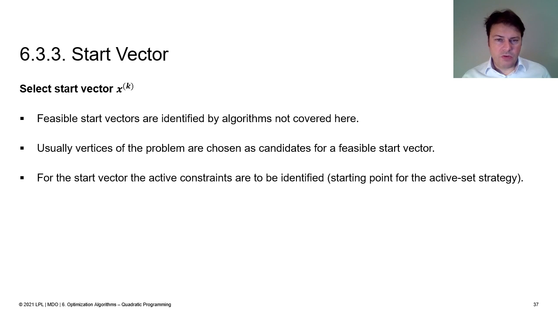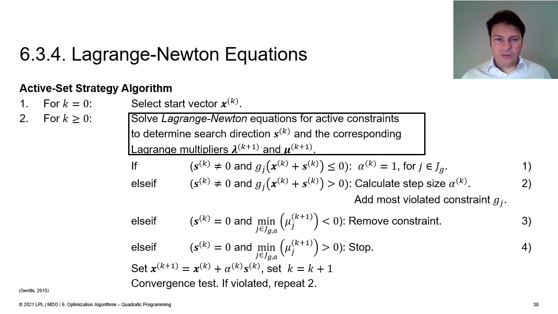What you need in the very beginning is that you have a design for which you know which constraints are active and which ones are not active, because you want to start with a well-defined active set. In the next step, you want to solve for the search direction by solving the Lagrange-Newton equations for active constraints.